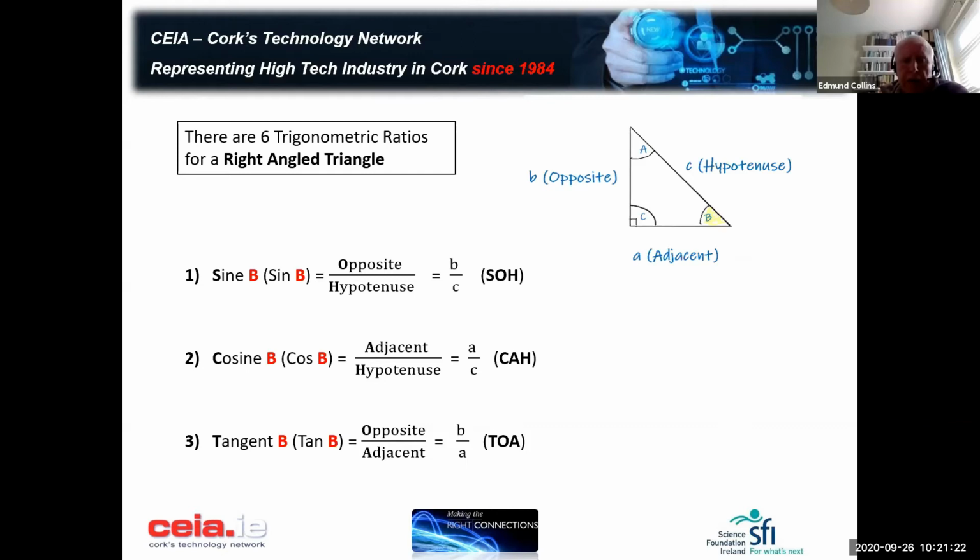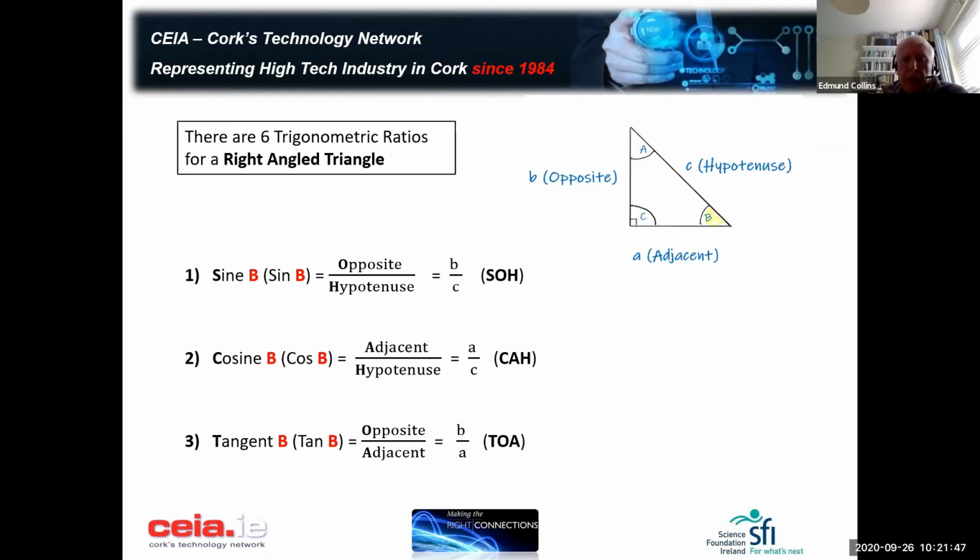But just going back to the sine and the cosine, if we square the sine, so again from the indices we would have done a few weeks ago, we know that (b over c) squared is b squared over c squared, and if we square the cosine, that would be a squared over c squared.